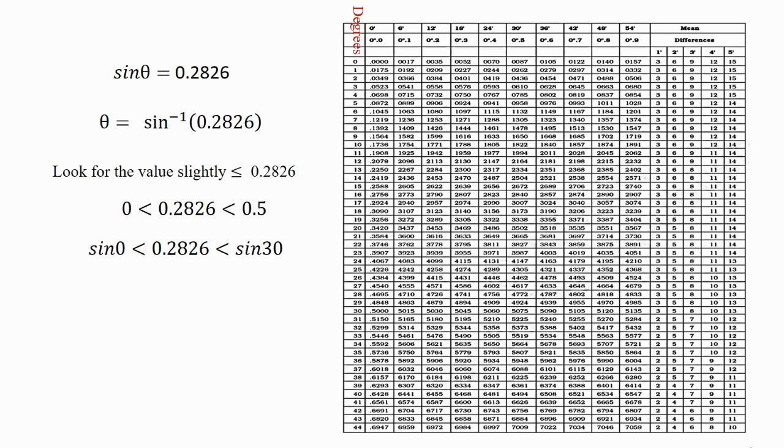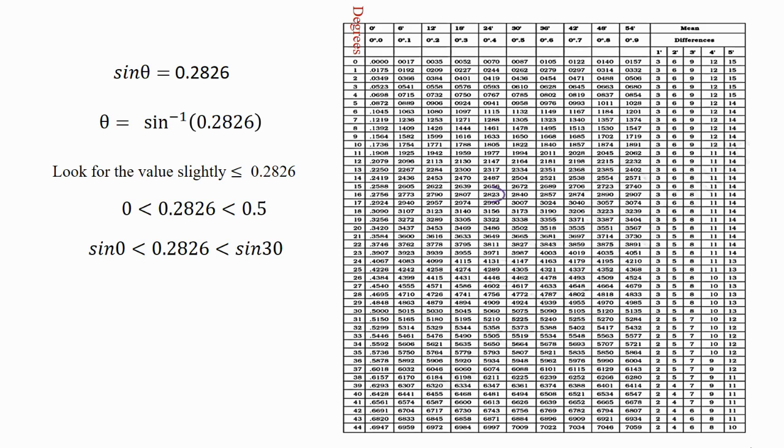So from this you can see that the given 0.2826 value I will find in the range of 0 degree to 30 degree. So we do not need to check all the table. We have to just check within the range of 0 degree to 30 degree.